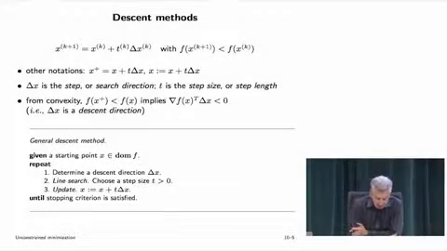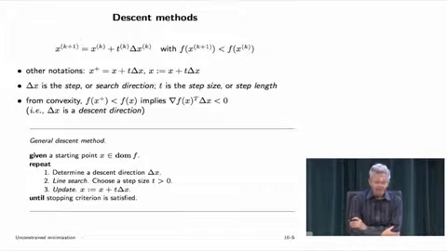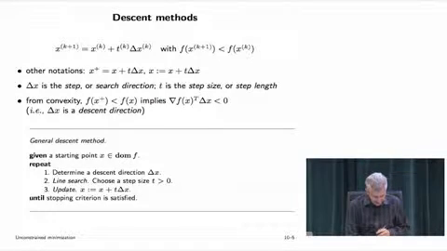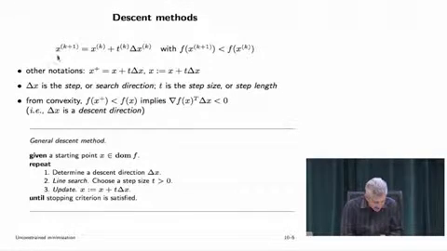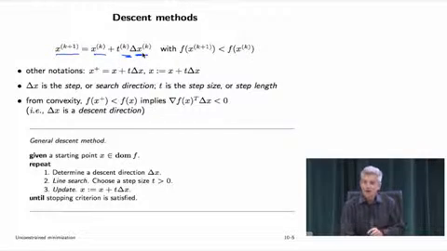So the biggest class of methods, not all methods, but a very big class, are called descent methods, and we'll look at them completely generically. It looks like this. Your new point is going to be your current point plus a positive scalar times some direction vector, typically written something like delta x.